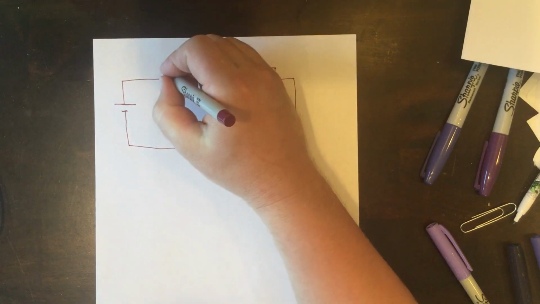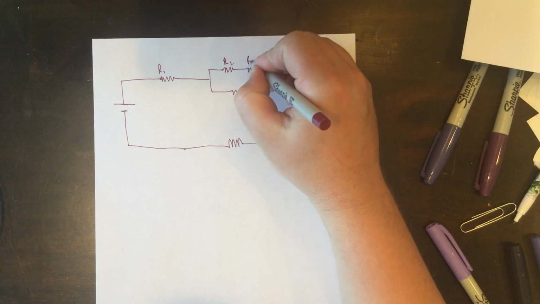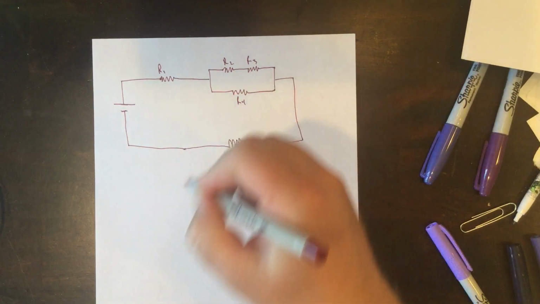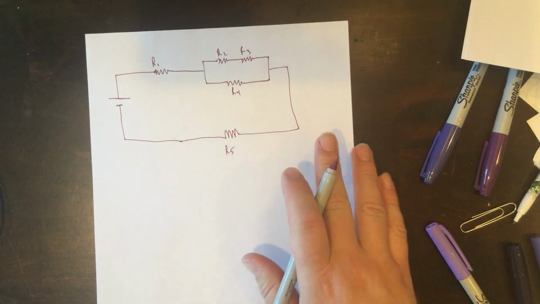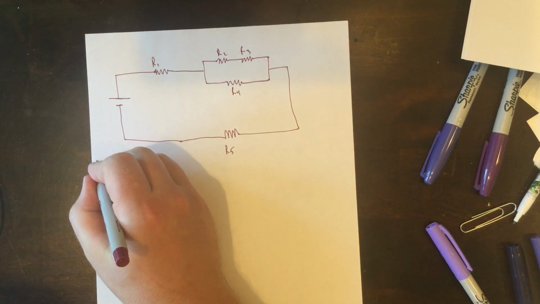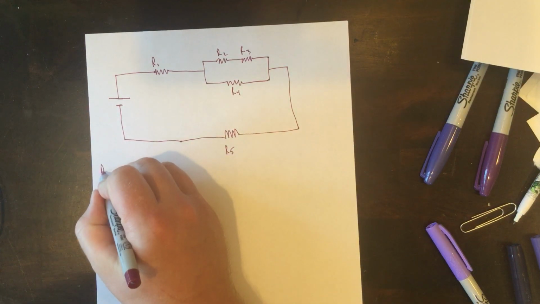Okay, and we'll call this one R1, R2, R3, R4, and R5. Now what you'll see if you ever watch any videos or look at anybody's online stuff, and I would do this too, I didn't do it in the last video because they were pretty simple, is basically make a table.